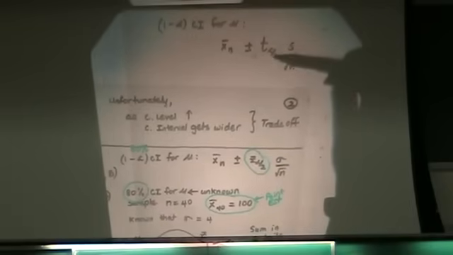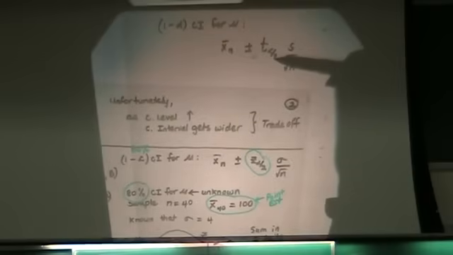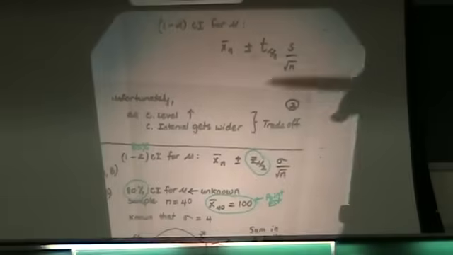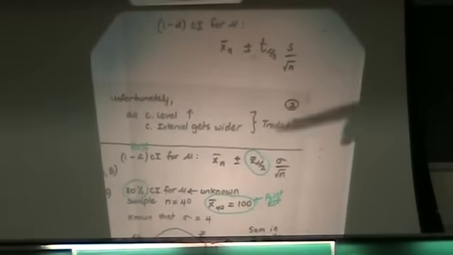Now it's t alpha over 2 S over rad n. But once you know this, you kind of know this, because the template is the same. You see?